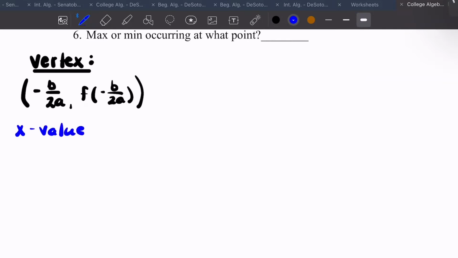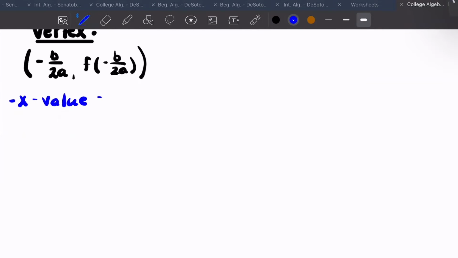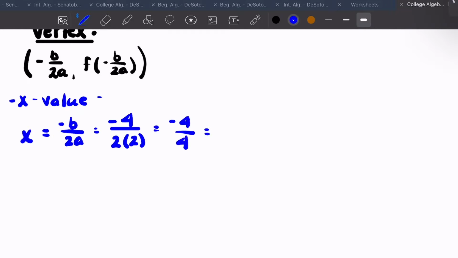We have x equals negative b over 2a. Our b is 4, so we make it negative, over 2 times a, and our a is 2. So we get negative 4 over 4, which is negative 1. That's our x value.